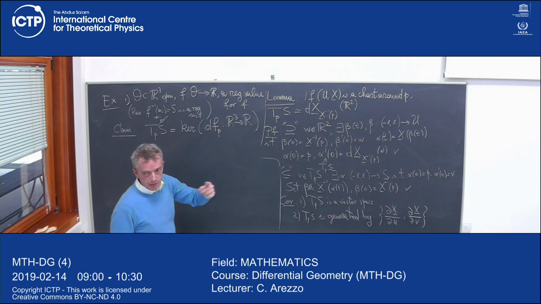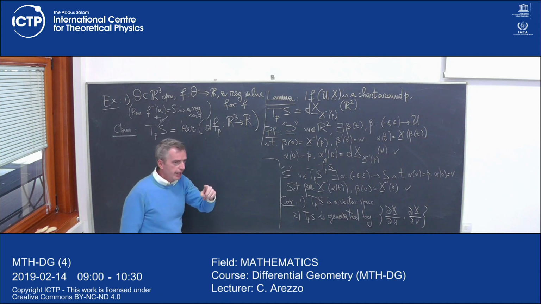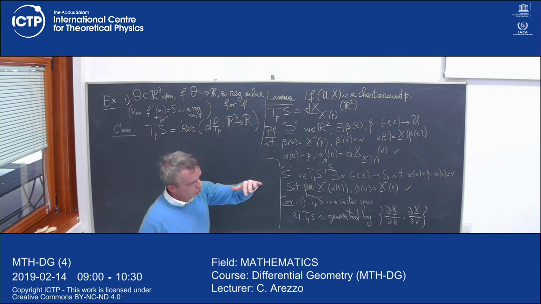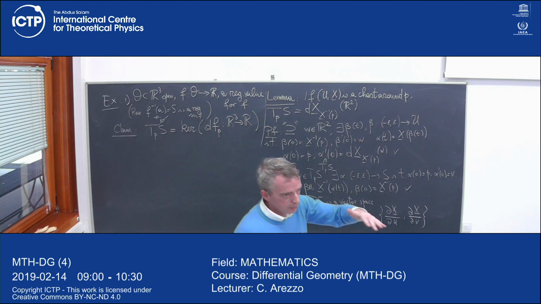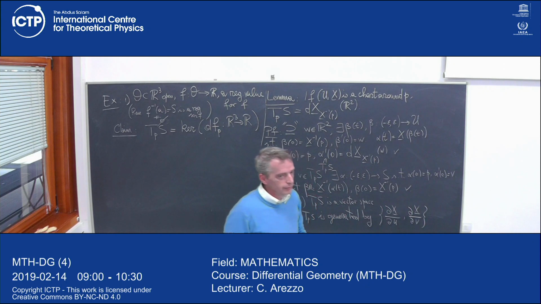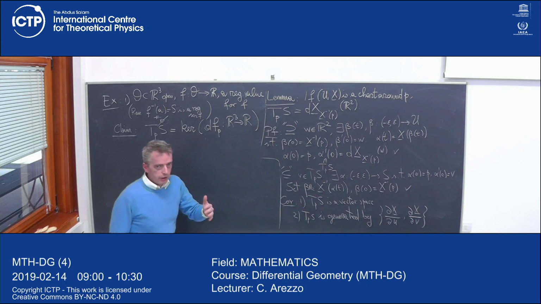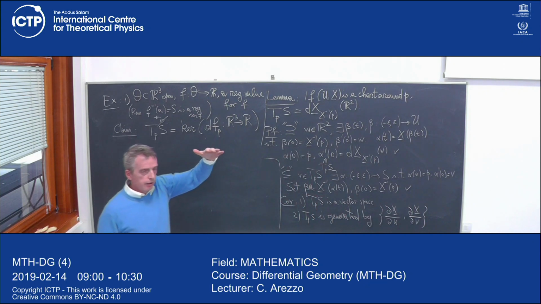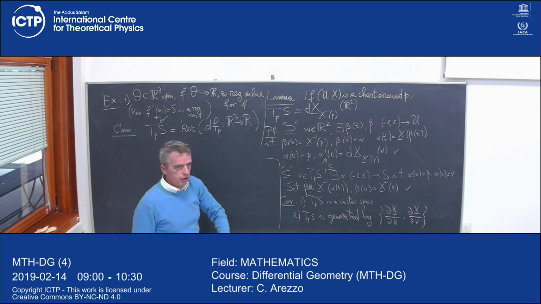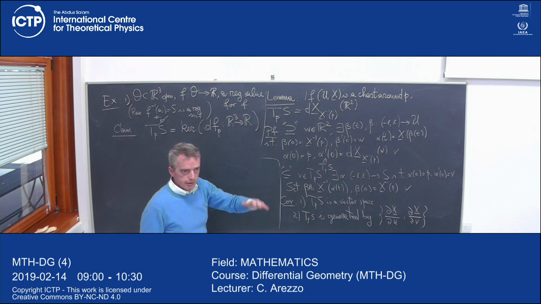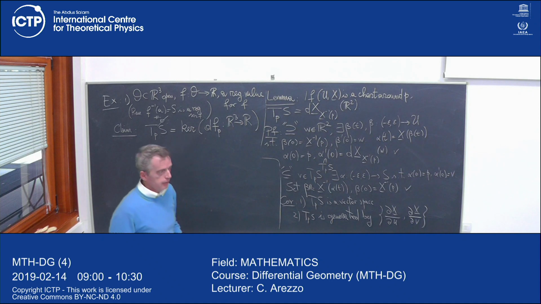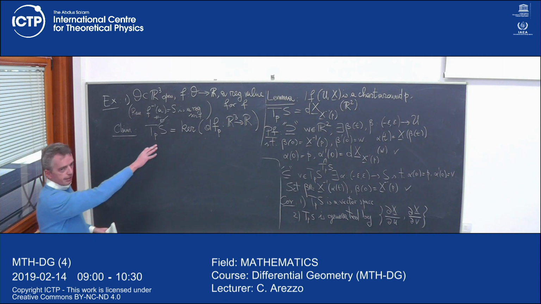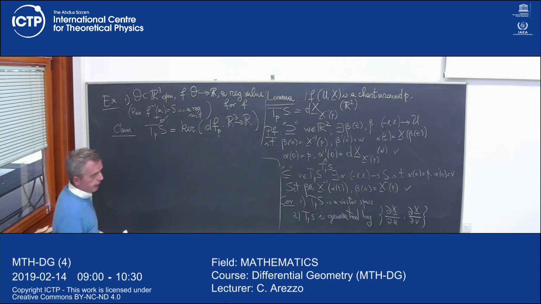So it's given just by a vector. Do you remember what the normal vector to a level set is? The gradient, which is the direction in which the function has the steepest change. And that's more or less what's written here.